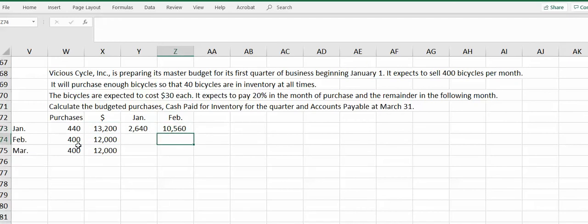So in February, it's the same formulas, if you will. 20% of the purchases get paid in the month of the purchase, and then the rest will get paid in March, and that's 0.8.